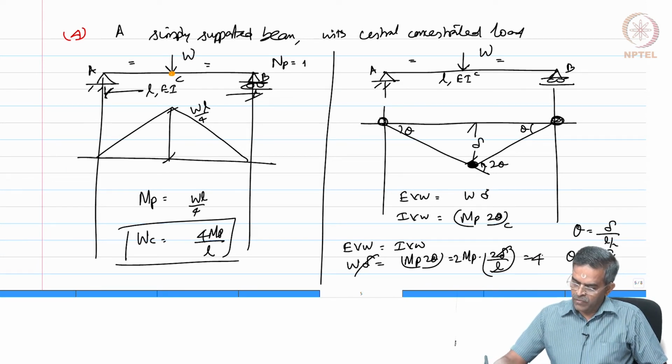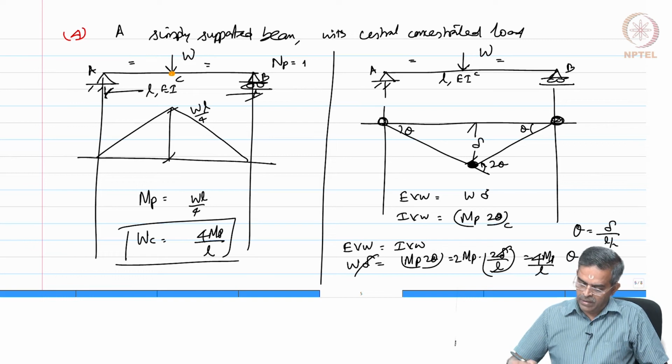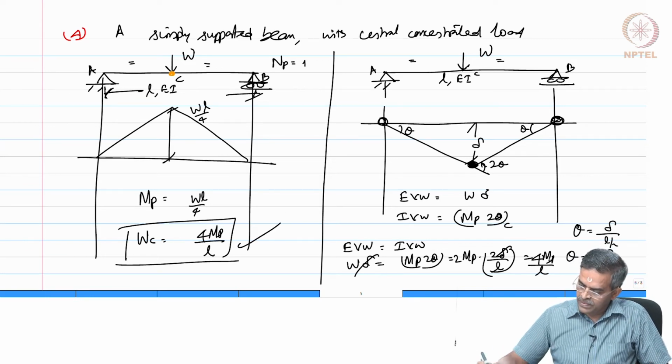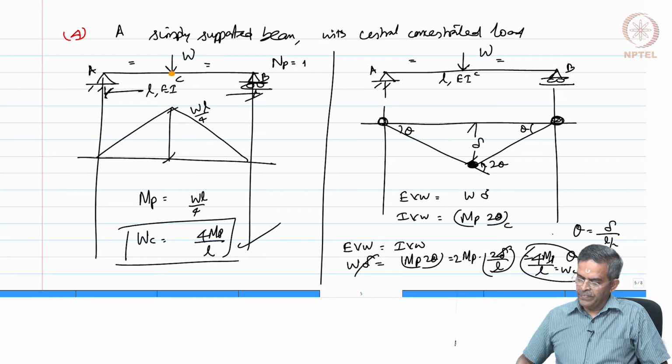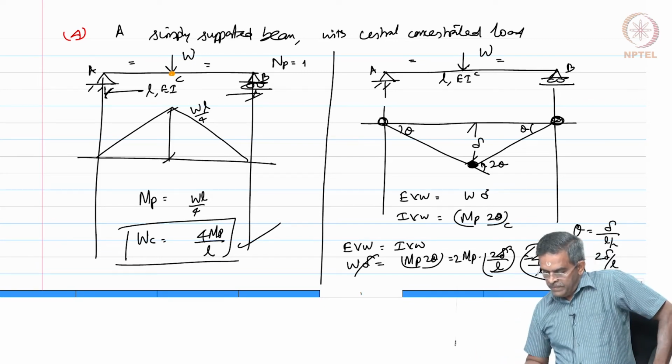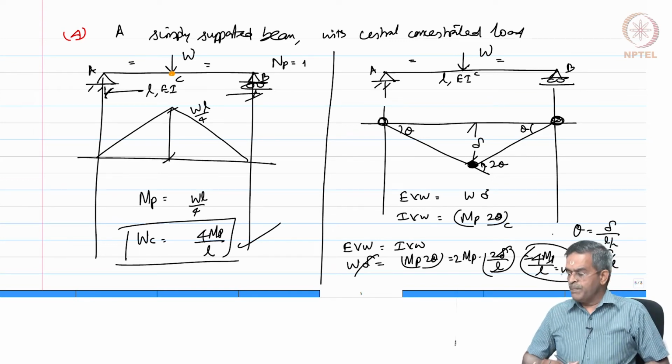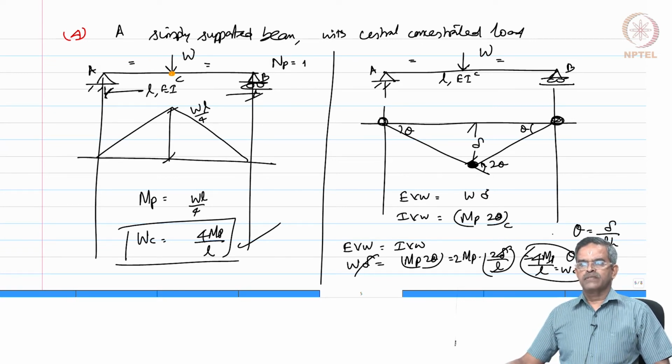So, that is 4 MP by L, which is exactly same as this. So, that is WC, is it not? So, these are simple problems where we are able to find out the collapse load straight away without any iterations.